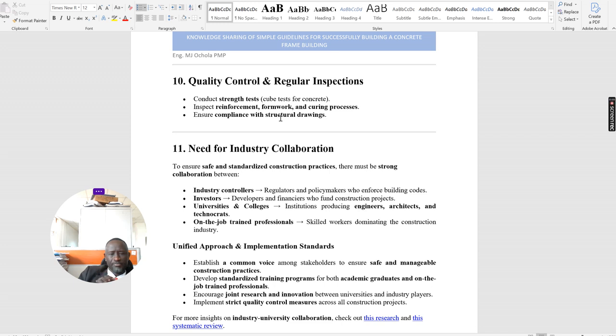On the job trained professionals, skilled workers dominating the construction industry, we have to make sure there's collaboration. So collaboration is important to ensure that the industry is safe and then rampant collapse of buildings is minimized. We need controllers, we need investors, we need universities, we need on-the-job training to be having some kind of stakeholder engagement with some champions coming maybe from our UI.